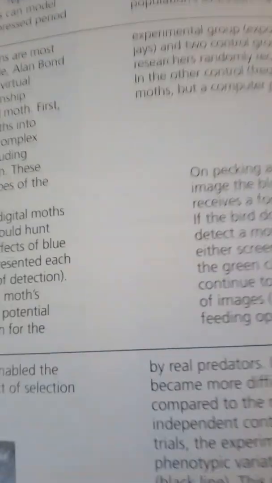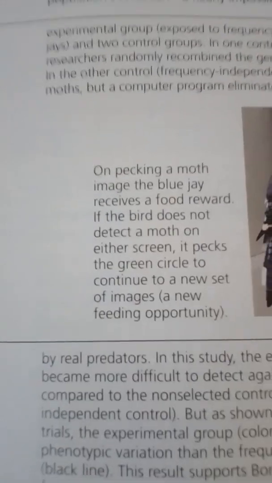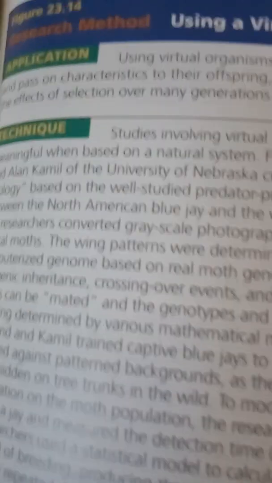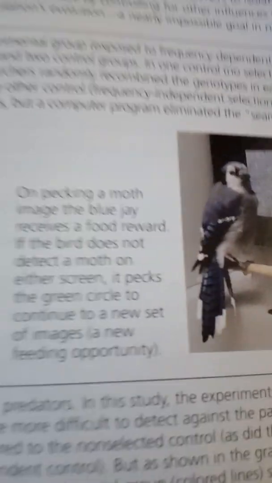Frequency-dependent selection. In frequency-dependent selection, the fitness of any one moth declines if it becomes too common in the population. Notice this figure. This is a research method using a virtual population to study the effects of selection, using virtual organisms that can reproduce and pass on characteristics to their offspring.